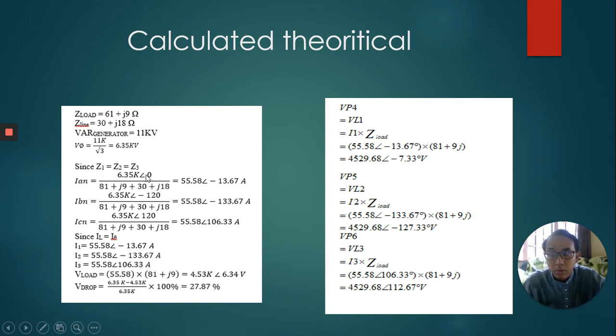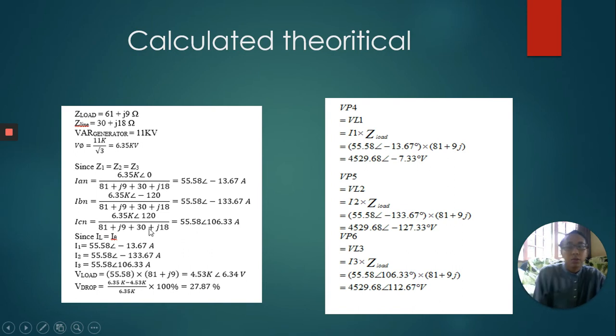This angle is defined by what line you make. For line A, current for AN, you put the angle 0. For the current line for BN it is negative 120, and for CN it is 120.